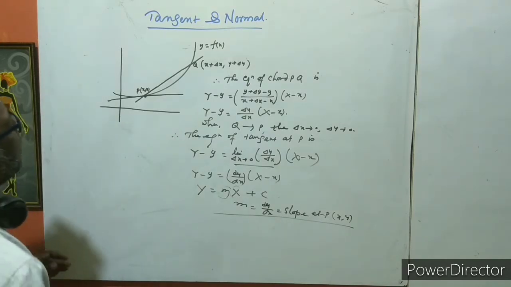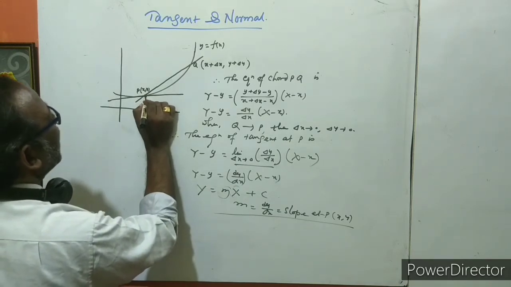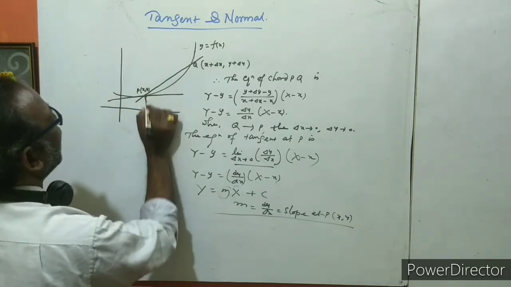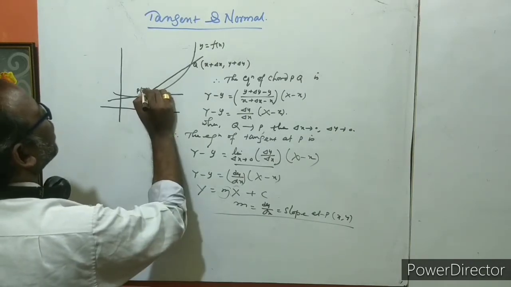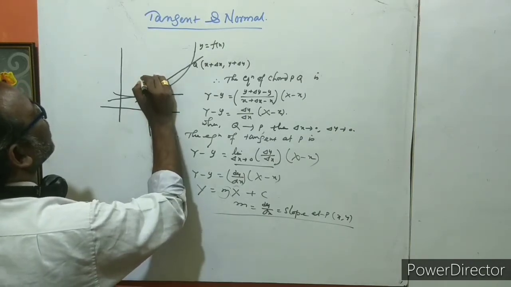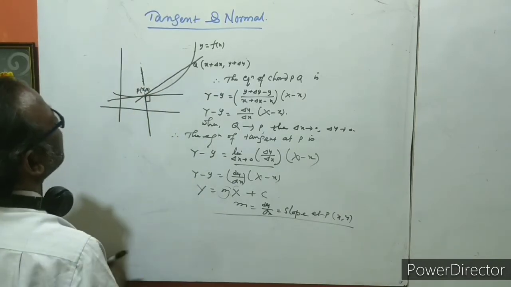And what is the normal? At that point P, the line perpendicular to this tangent is called the normal.